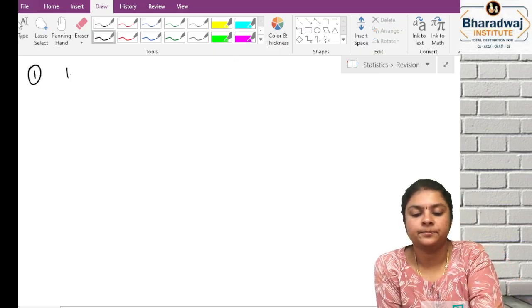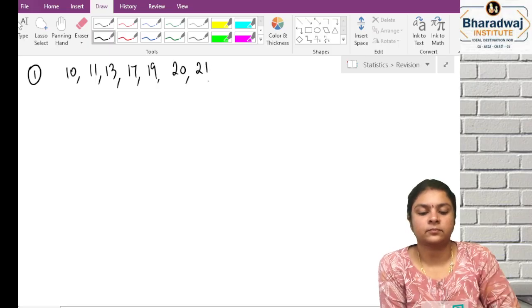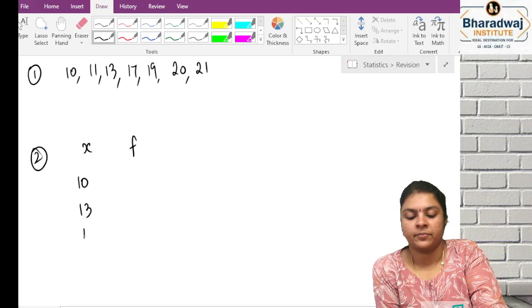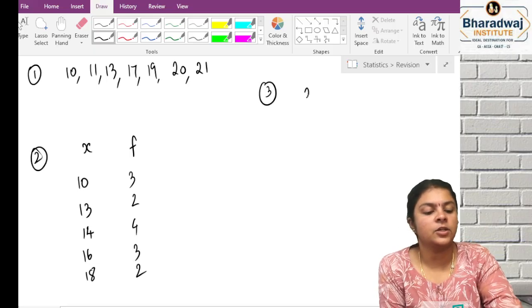First example. Second example is discrete frequency. And third example, continuous frequency.